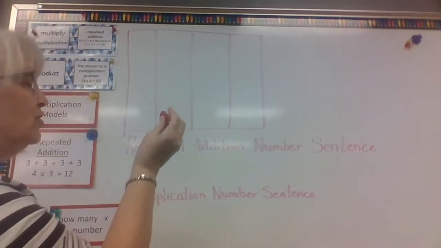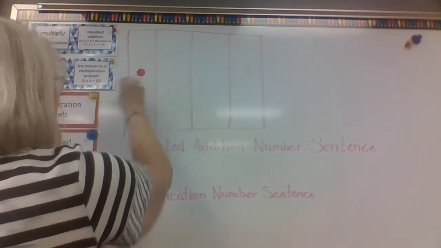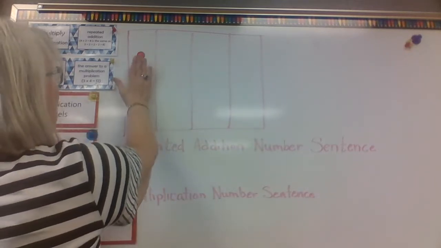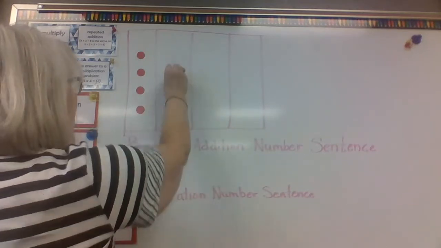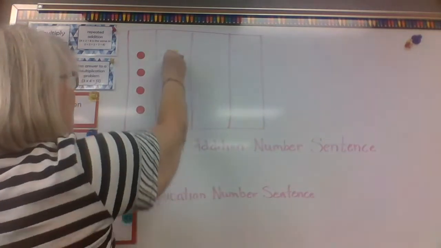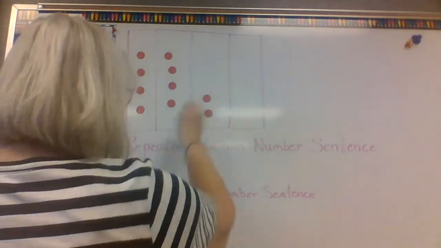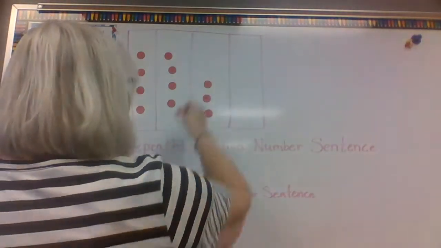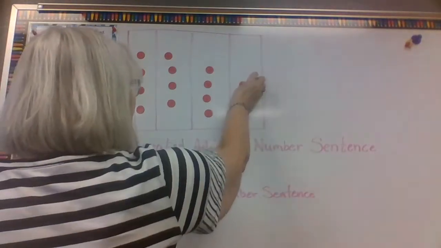So get your little squares, and we're going to put 4 in each space. The space represents the dogs, and there are 4 treats. So the next dog gets 4 treats. The next dog gets 4 treats. And the next dog gets 4 treats.